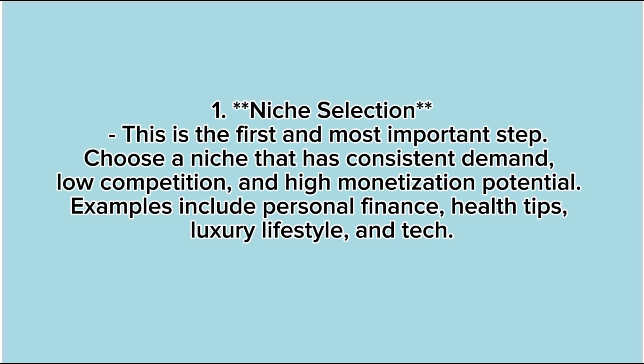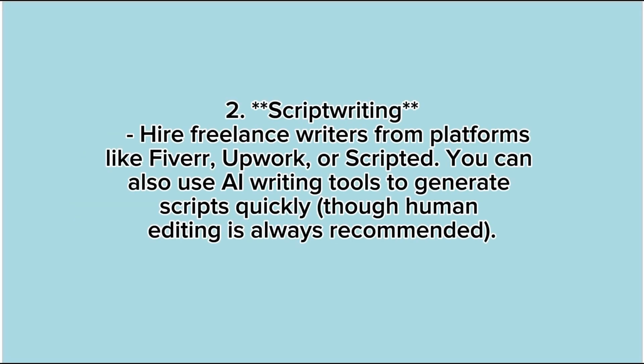Examples include personal finance, health tips, luxury lifestyle, and tech. 2. Script writing. Hire freelance writers from platforms like Fiverr, Upwork, or Scripted. You can also use AI writing tools to generate scripts quickly, though human editing is always recommended.